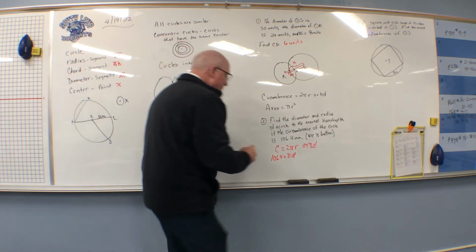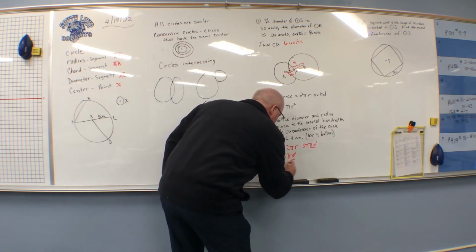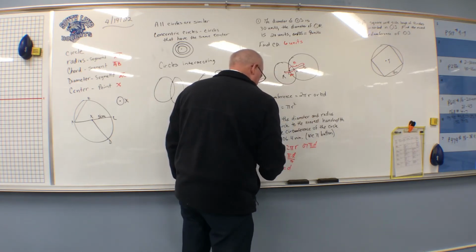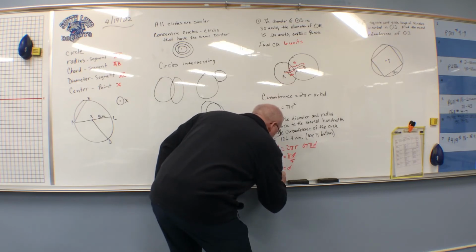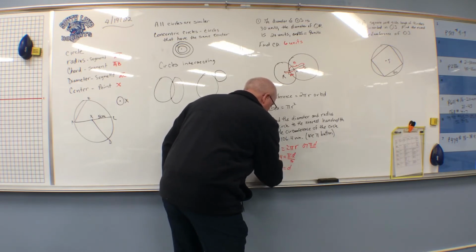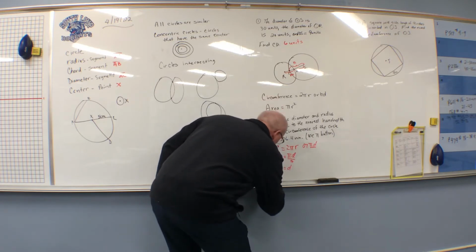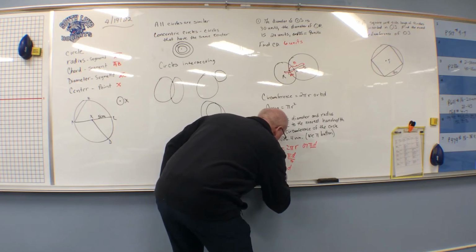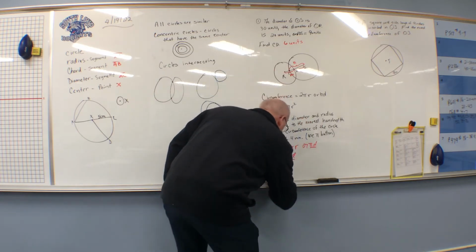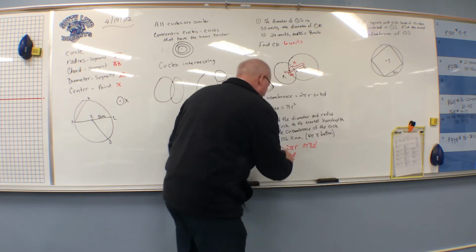So we divide both sides by pi, and we get the diameter to the nearest hundredth to be what? 33.87. What's my label? Millimeters.